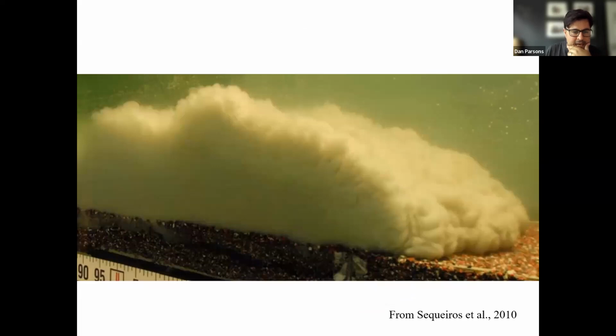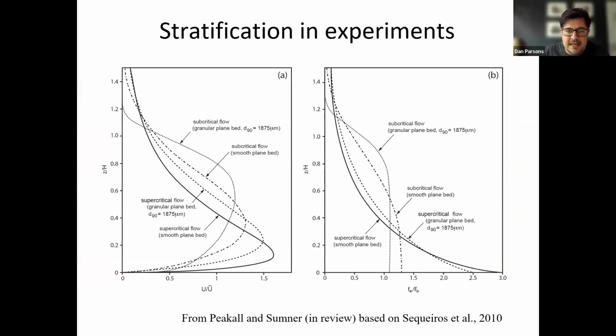This is from Octavio's work that was done out at the University of Illinois, same time I was out there. I wasn't directly involved in this study, but this was looking at flows over mobile beds within the laboratory, to look at the way in which the stratification was entraining different particles on the bed and reshaping them, and starting to look at the differences with different amounts of stratification.